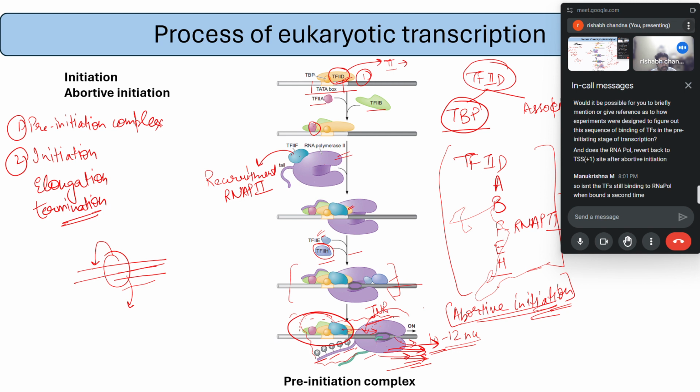Only the RNA polymerase is aborted. That's why it only binds again to the transcription factors that would restart the process of initiation.